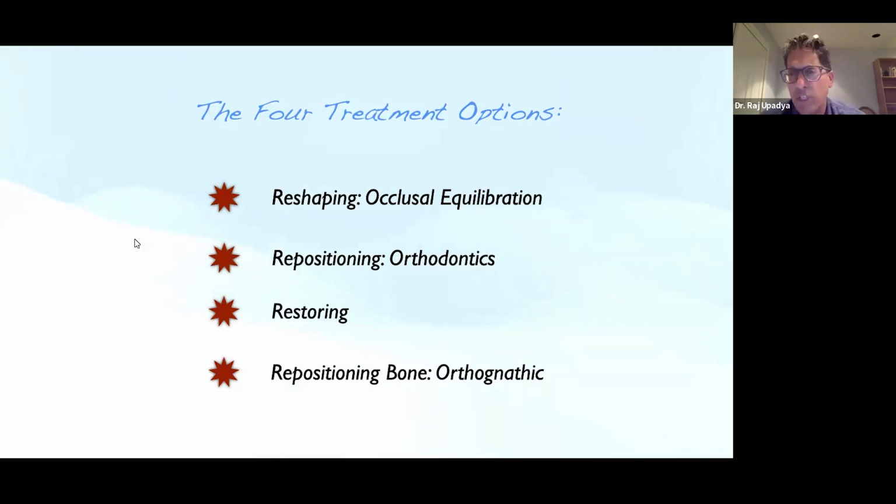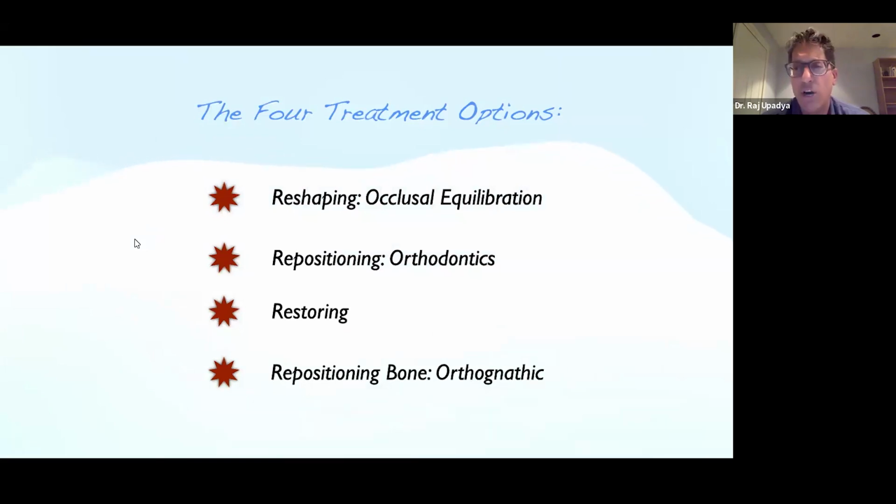So if we can reshape the dentition, when we see signs of instability and we need to alter the occlusion, the simplest option is always reshaping the teeth. Now, when we come up with our treatment plans, if we see significant signs of occlusal wear and anterior teeth that cannot properly disclude the posterior teeth, we're not going to only reshape the teeth. We're probably going to have to do some restorations.